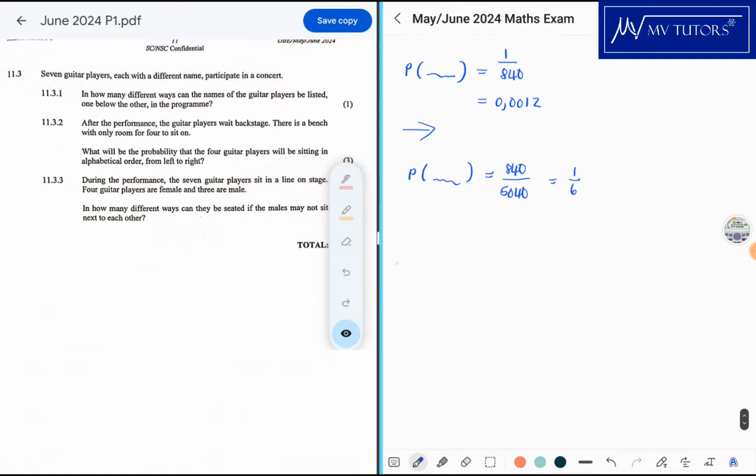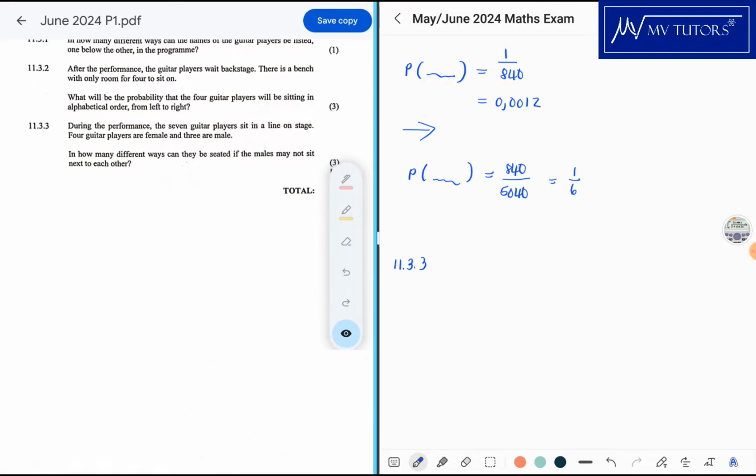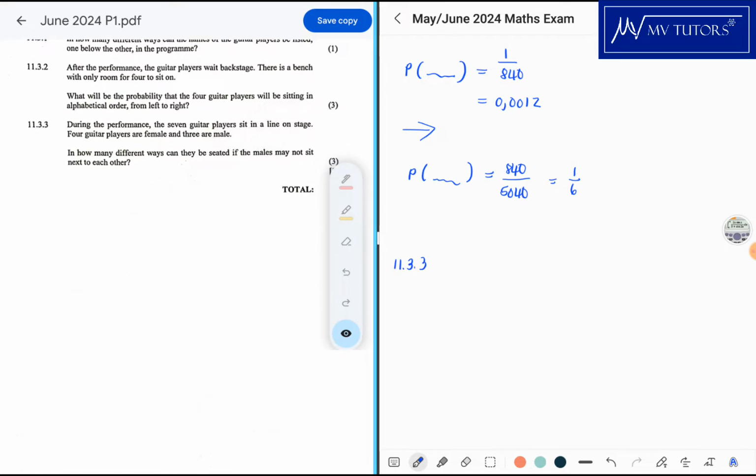All right, and then lastly, 11.3.3. During the performance, the 7 guitar players sit in a line on stage. Okay, so 7 of them. We haven't excluded others. All right, 4 guitar players are female and 3 are male. In how many different ways can they be seated if the males may not sit next to each other?